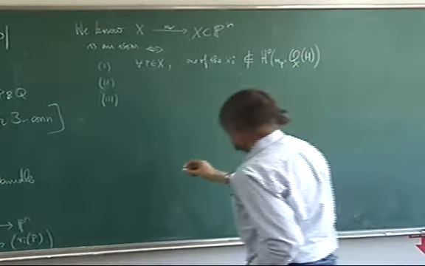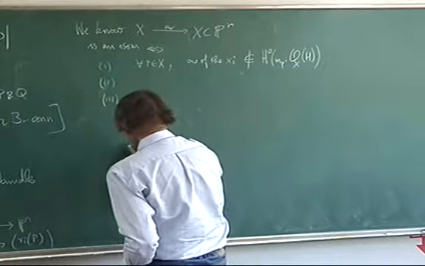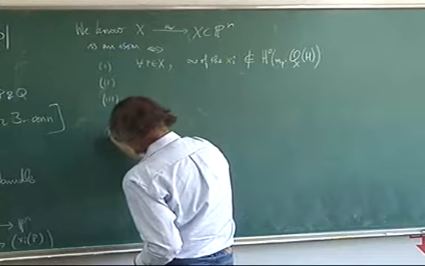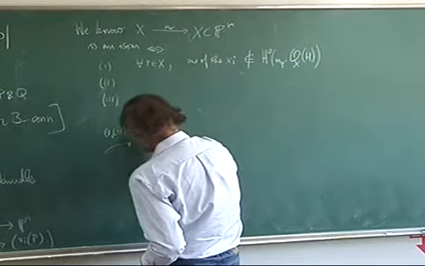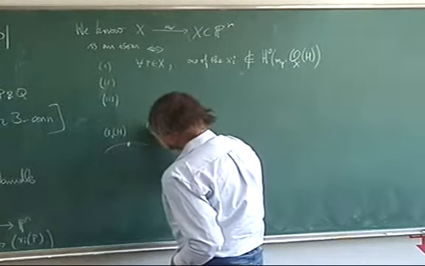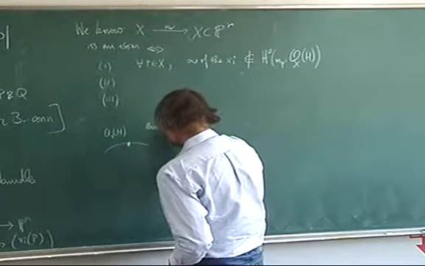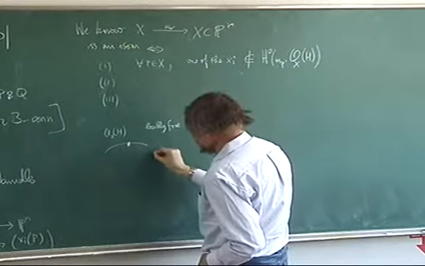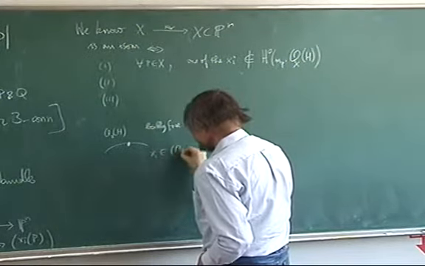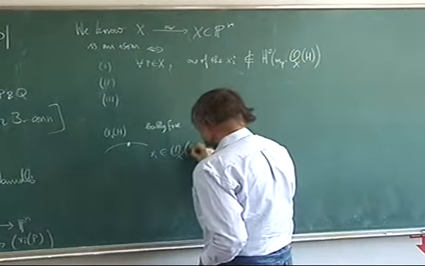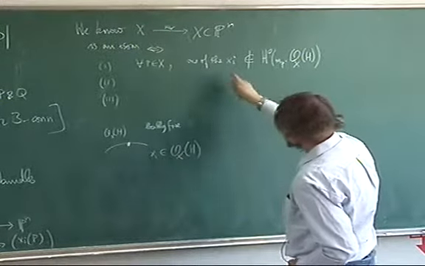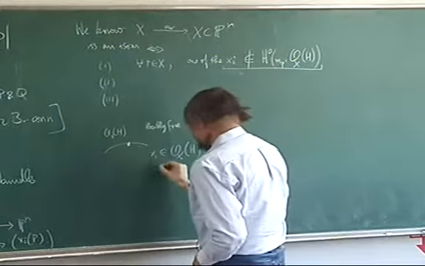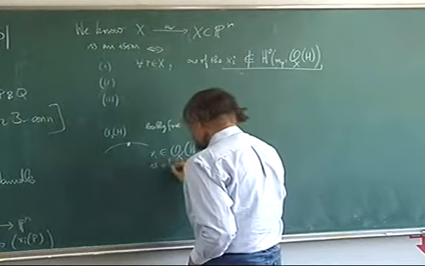So here's my point on the variety. This O_X(H) is locally free. On the other hand, I've got this section xi in O_X(H). And this condition here says that xi is a local basis.